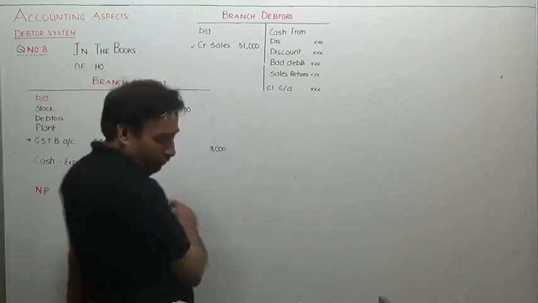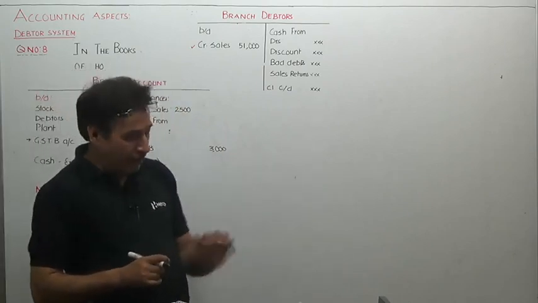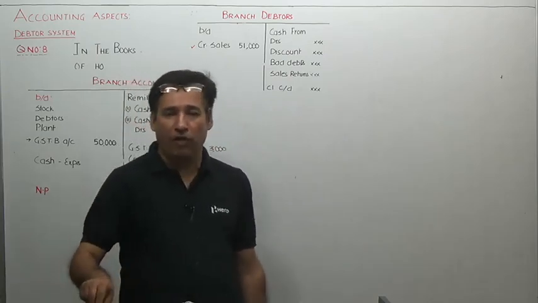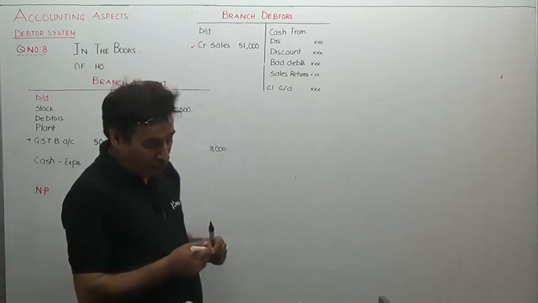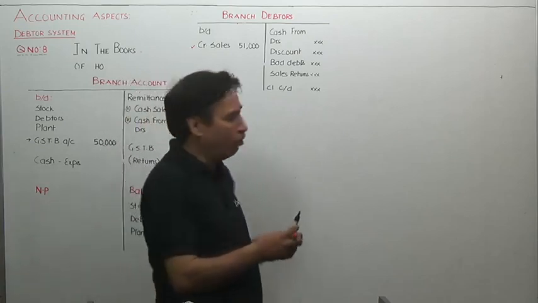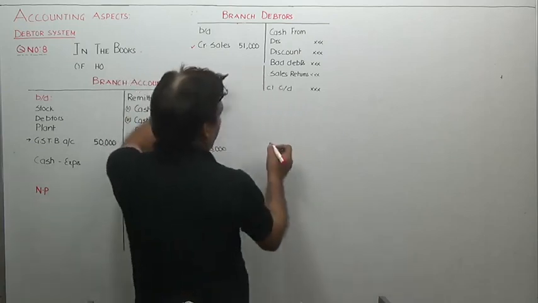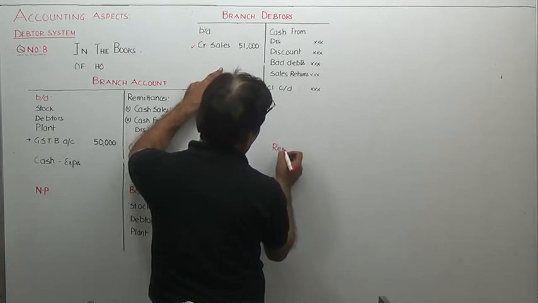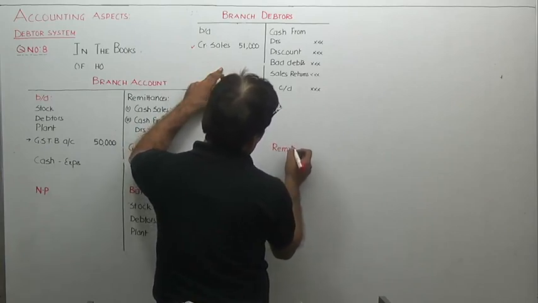Now, cash received from debtors is not given, but it is given to us that cash remitted to head office by branch is 45,000. It is given that the branch has made remittances to head office worth rupees 45,000.